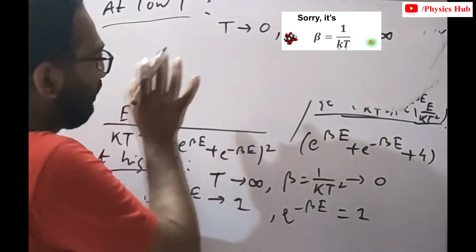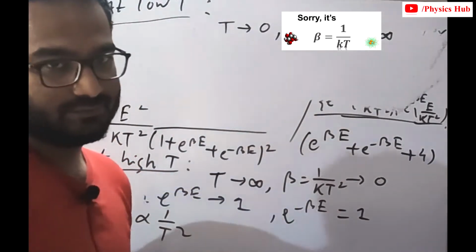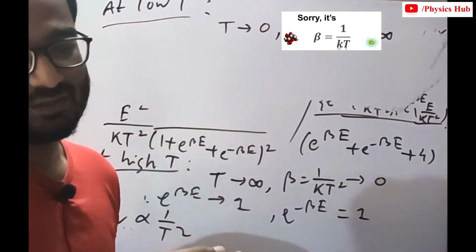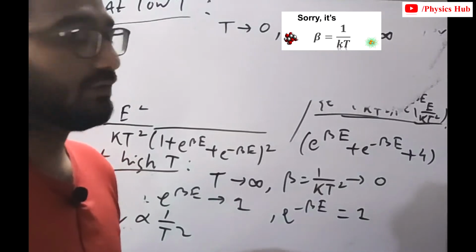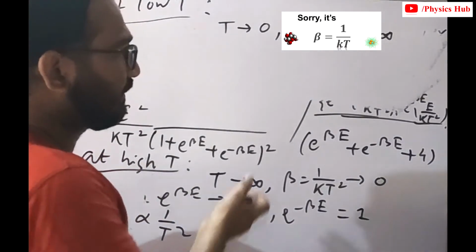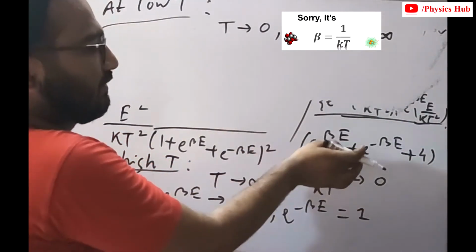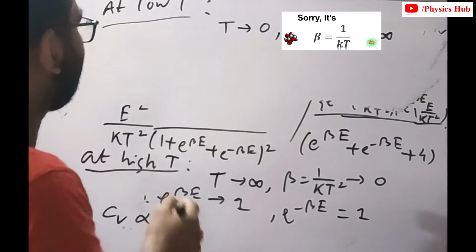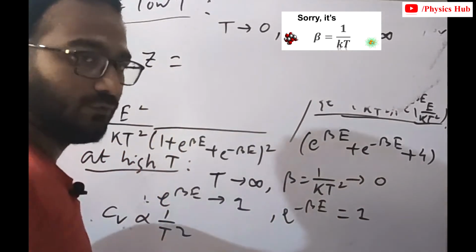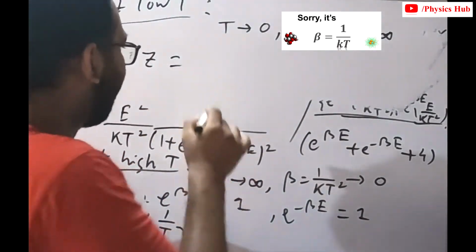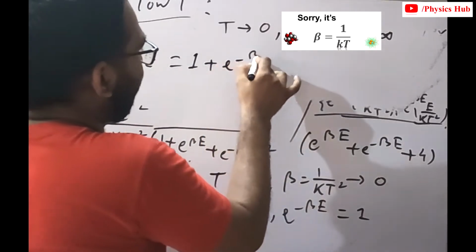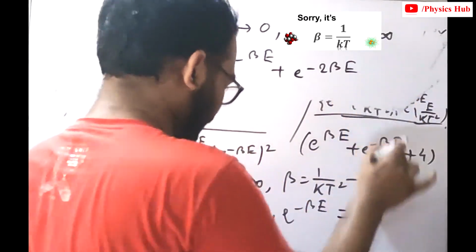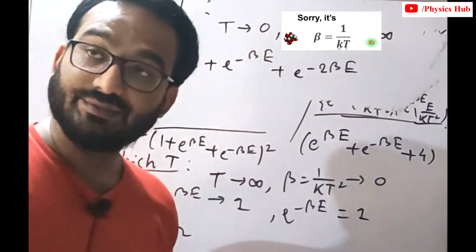We cannot do some prediction by using this approximation in the expression of Cv, because it will give you an absurd result. So we have to go back to the expression of Z. Z was equal to 1 plus e to the power minus beta E plus e to the power minus twice beta E. This was the expression of Z.